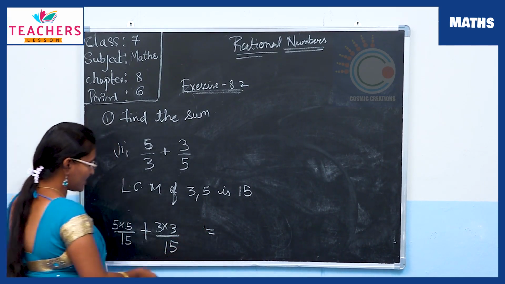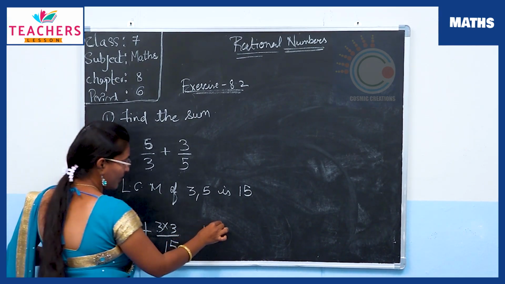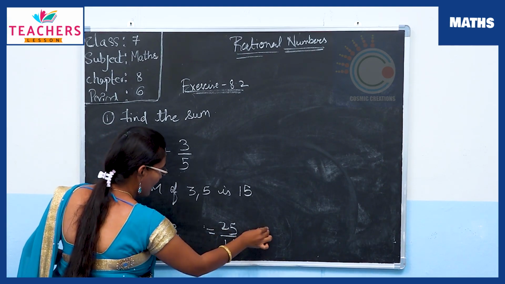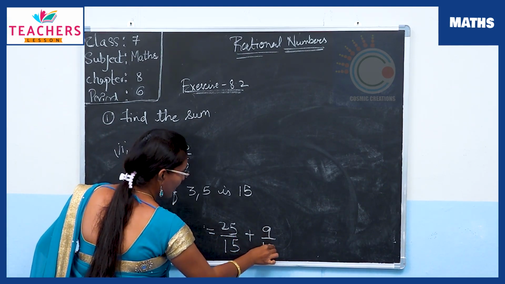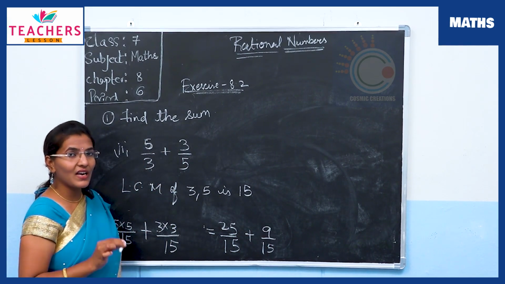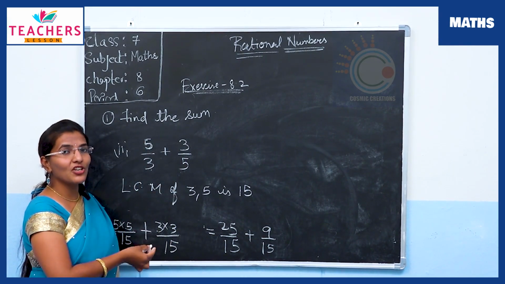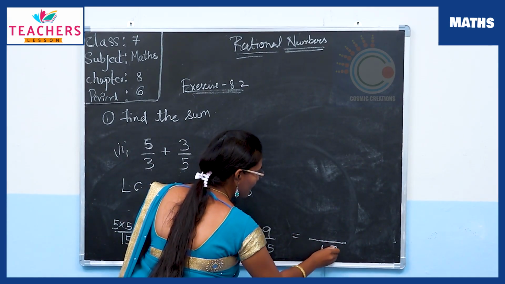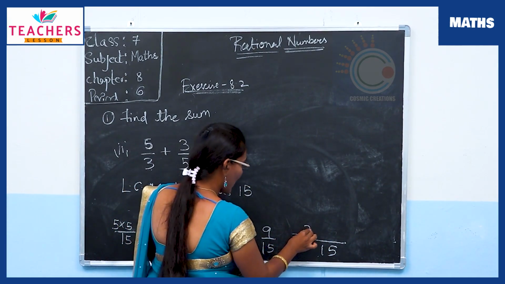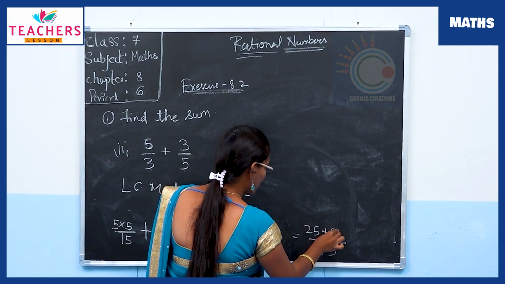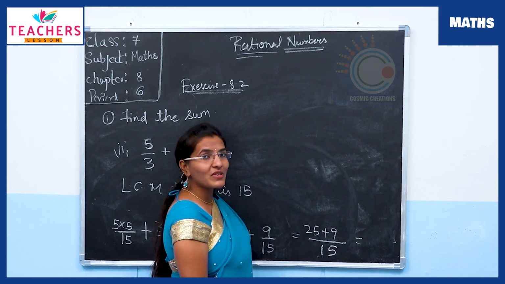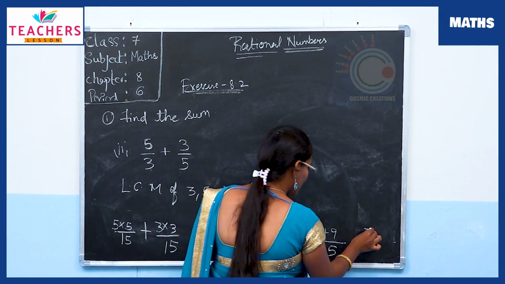How do you simplify this? 5 fives are 25 by 15 plus 3 threes are 9 by 15. 15 is common, and the numerator is 25 plus 9. How much is the answer? 25 plus 9, 30?